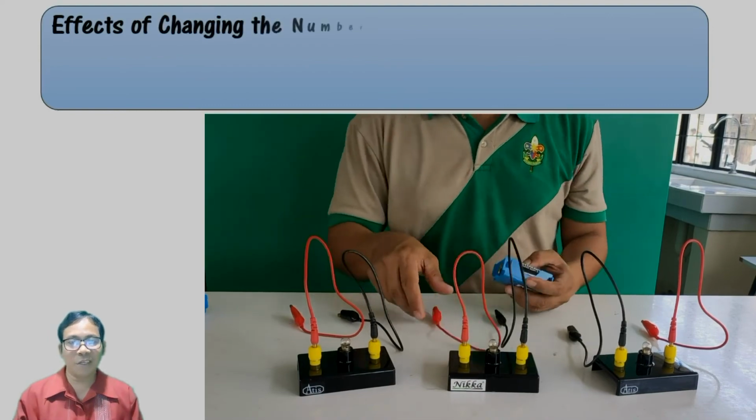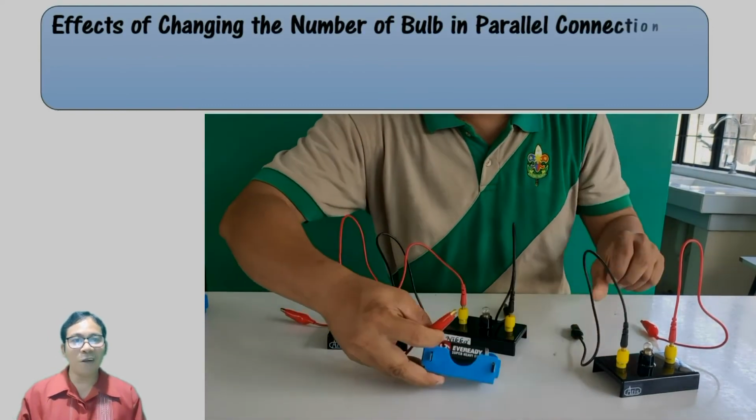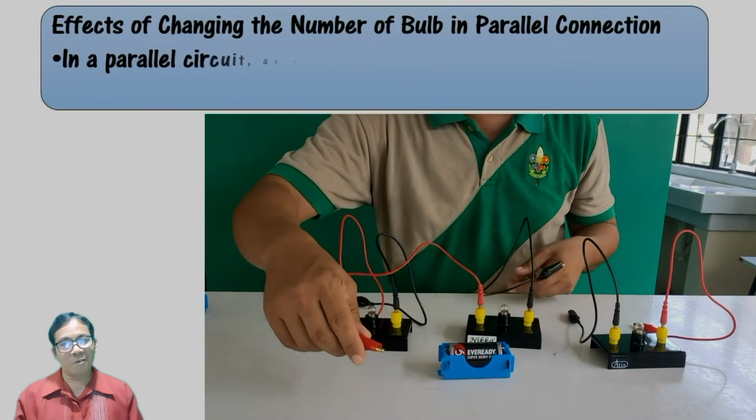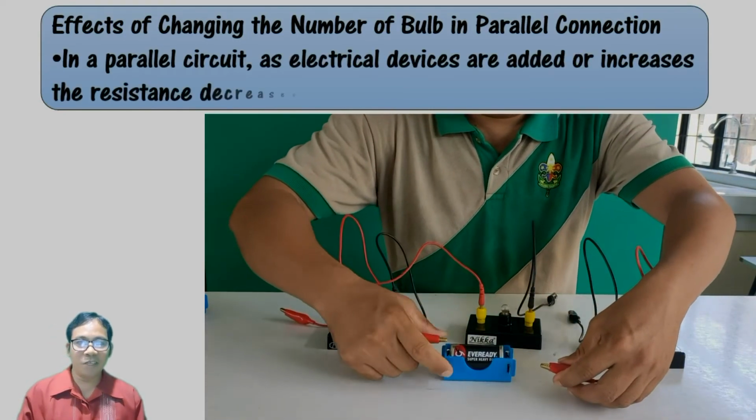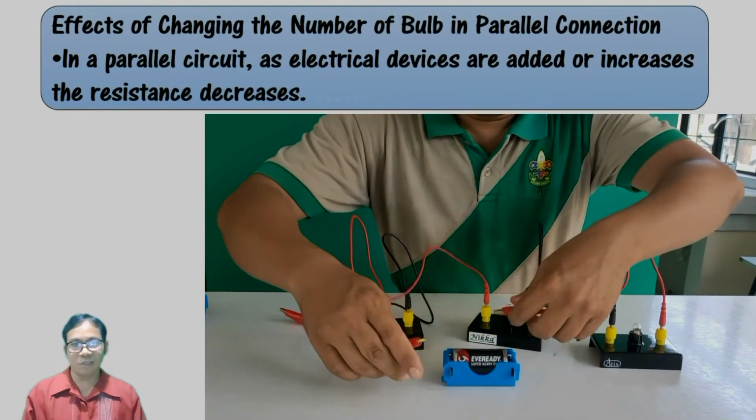Effects of changing the number of bulbs in parallel connection. In a parallel connection or circuit, as electrical devices are added or increased, the resistance decreases.